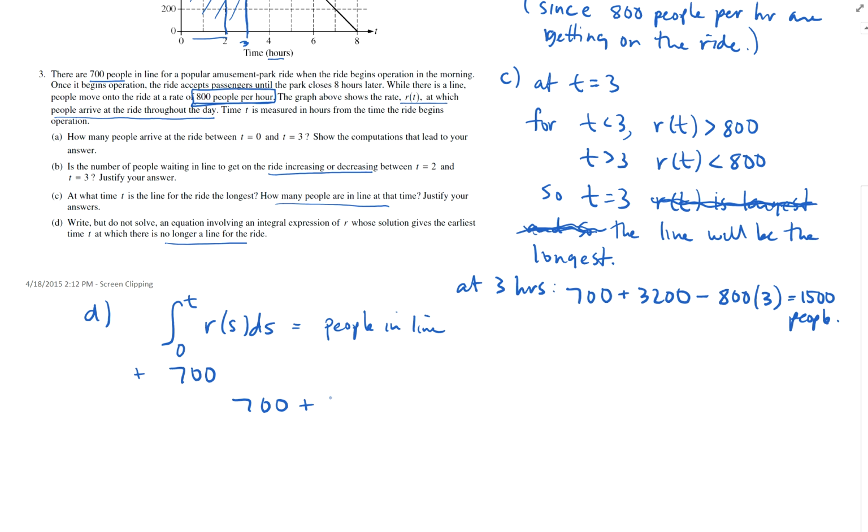So this right here needs to equal the total number of people that have ridden the ride. Well, how many people have ridden the ride after t, if t represents the hours since it opened?